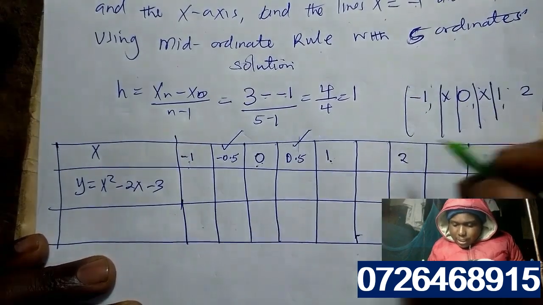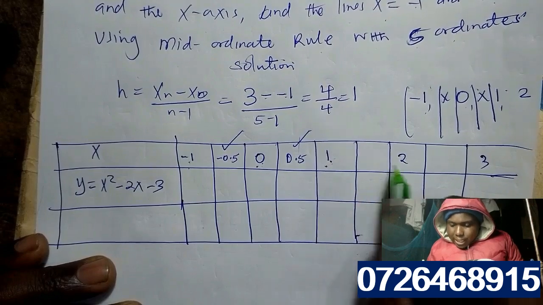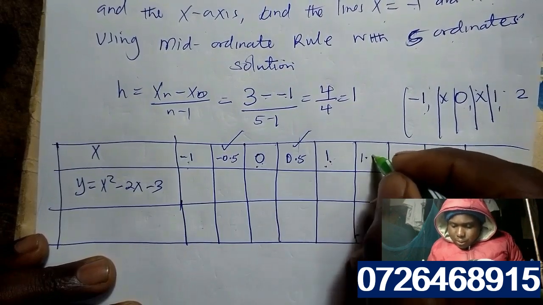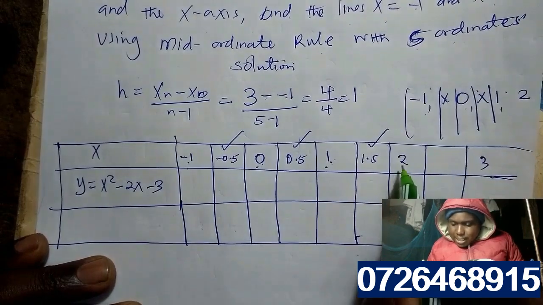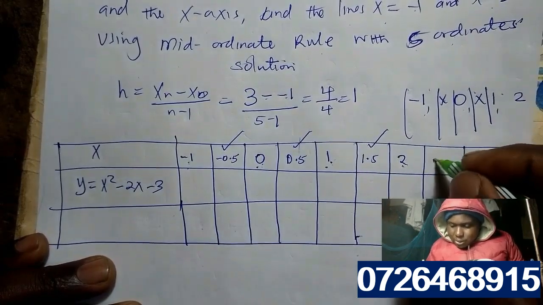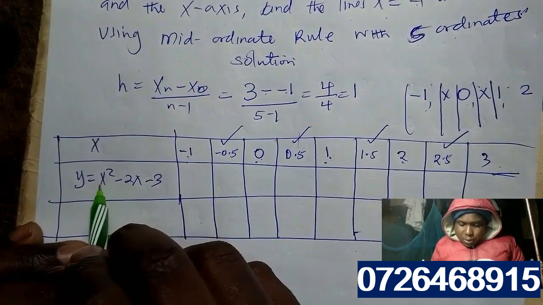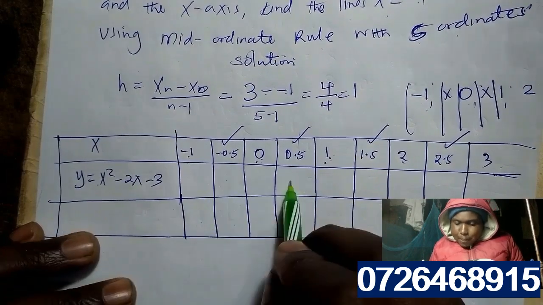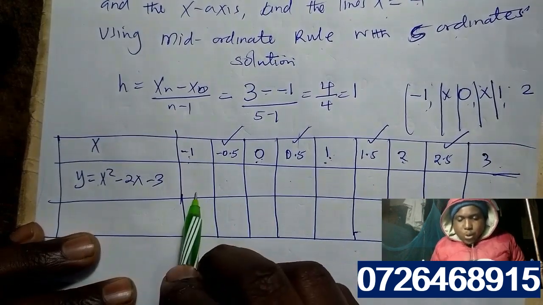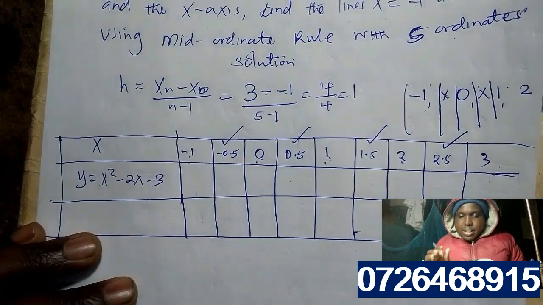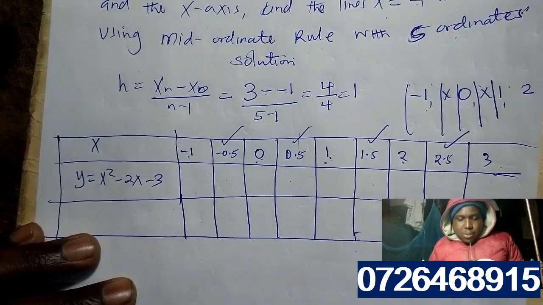The mid between 1 and 2 is 1.5. The mid between 2 and 3 is 2.5. So I'm going to find the values of y in the mid ordinates and not in the ordinates.